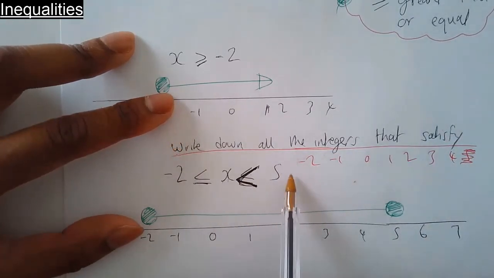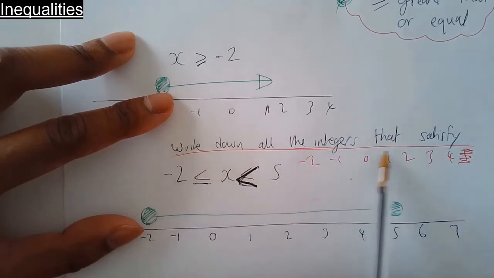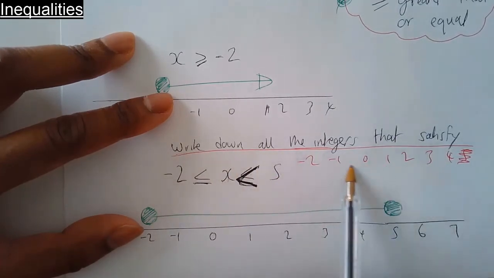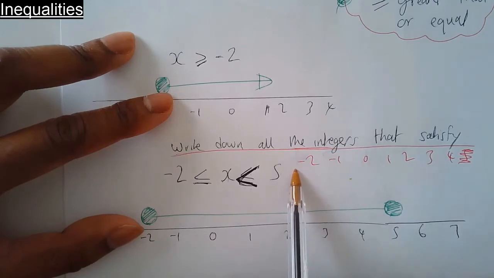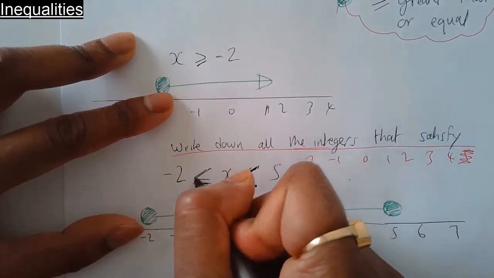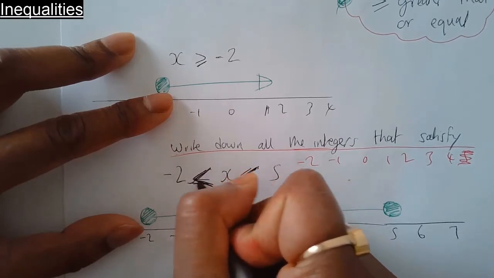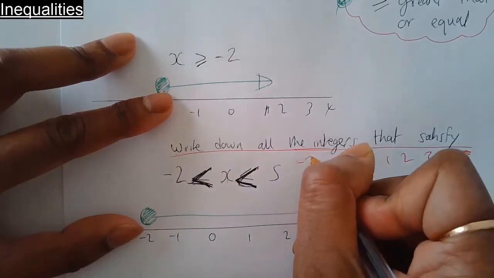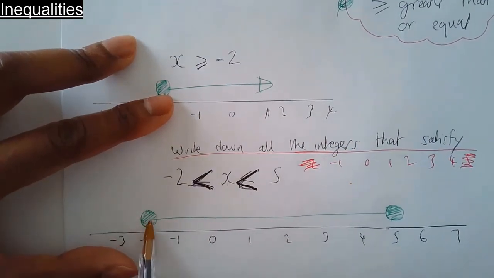So now, if I want to write in all the integers that satisfy this inequality, it'd be these whole numbers here. And just remember, you're not going to include 5 because there's no equal symbol there. And likewise, if you had this symbol without the equal symbol, then you wouldn't include the -2, and that would be hollow.